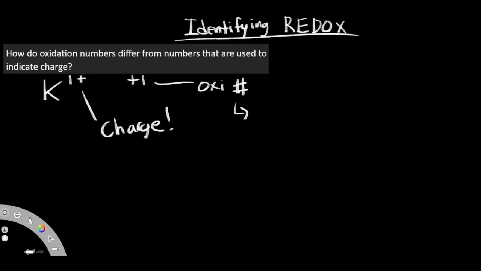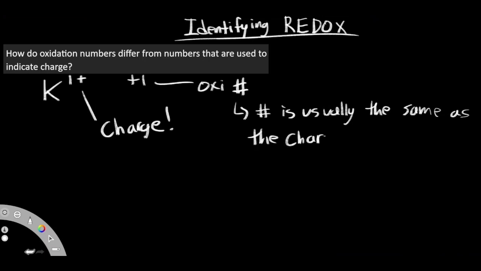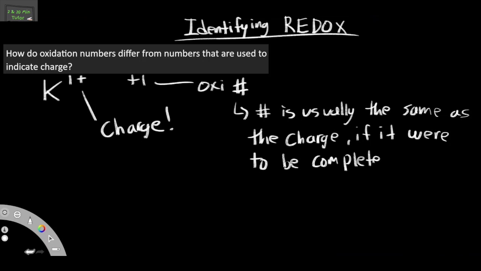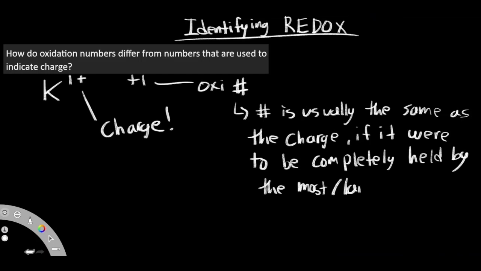For oxidation number, its number is usually the same as the charge, but only if it were to be completely held by the most electronegative atom.